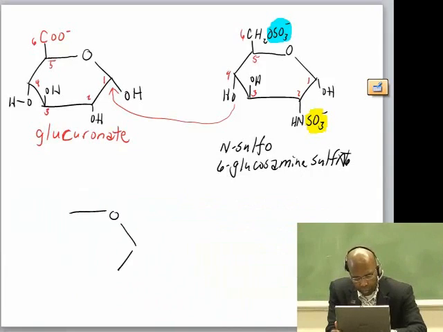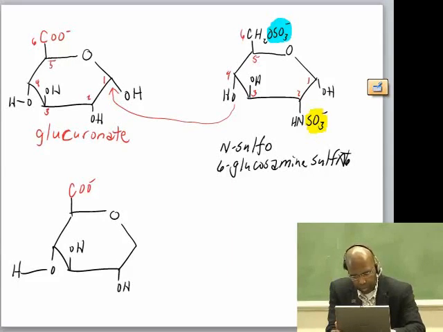So I'm going to draw my glucuronate here. I'll make my glucuronate red. Down, up, down. Now, I'm going to draw my other one first before I make the bond.